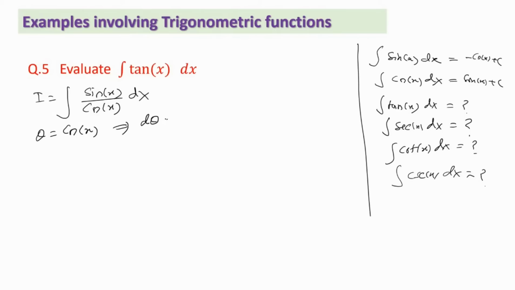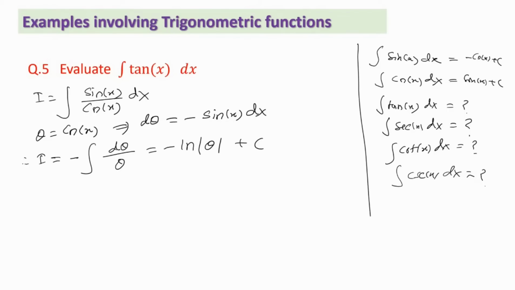This implies d theta is equal to minus sin x dx. Therefore I is equal to minus, sin x dx is d theta, over theta. So this is equal to minus ln of the absolute value of theta plus c.